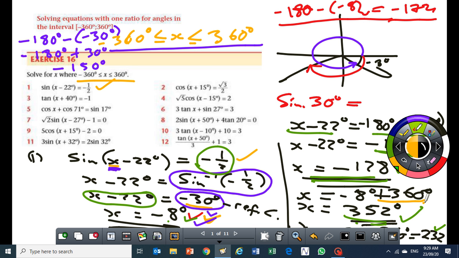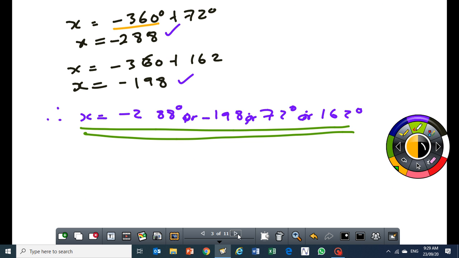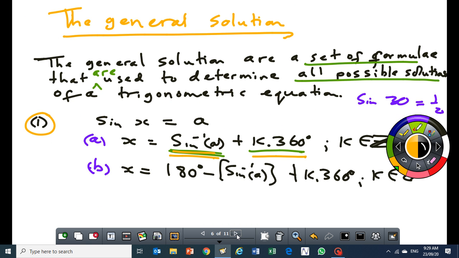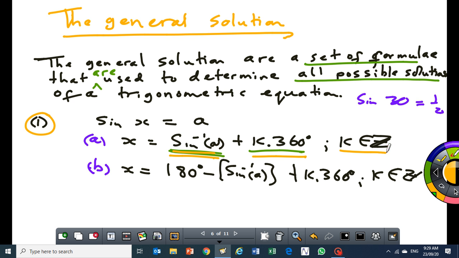Because of that, when we are dealing with the general solution, we add this part here, k times 360. But k must be an integer. For example, if k is 1, this will be plus 360.